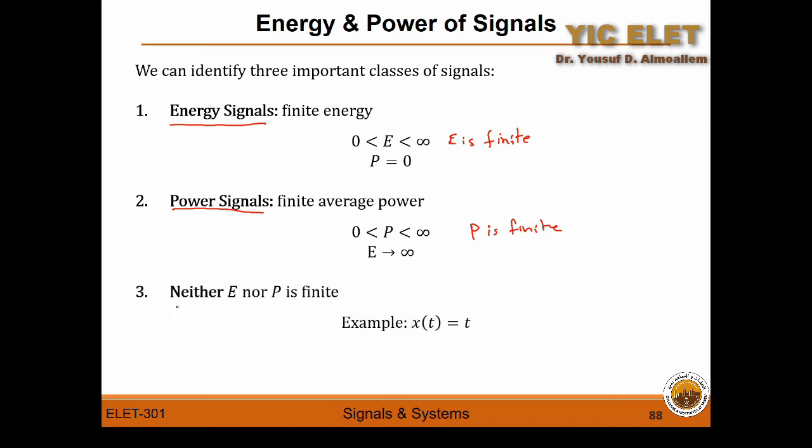And the third category is where neither energy nor power is finite. One clear example is x of t is equal to t. Both P approaches infinity and E also approaches infinity.